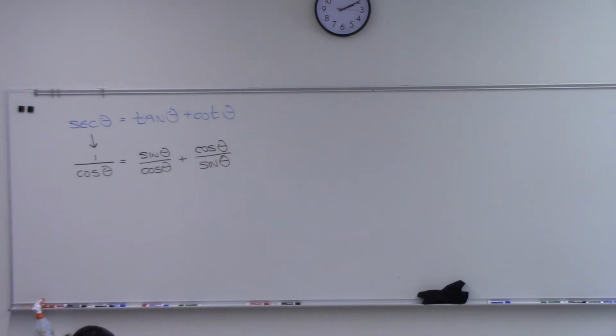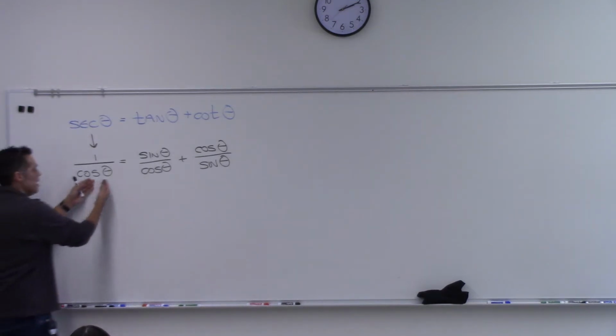The next step is for me to clear the fractions. That means I'm going to multiply both sides of this equation by the LCD, the least common denominator. So what is the LCD for this problem? Do you all know? You need a sine theta. You also need a cosine theta. See, look at the denominators.